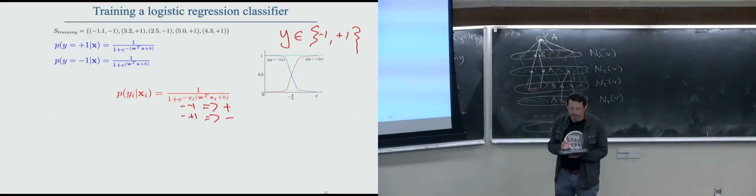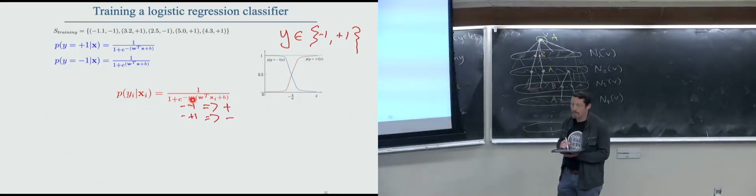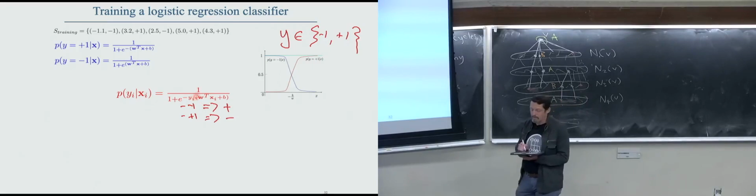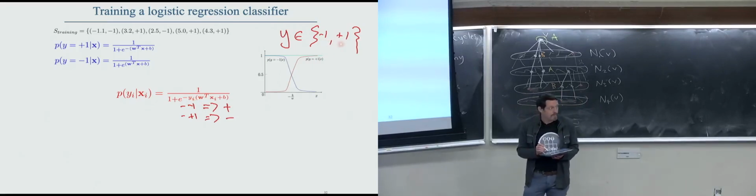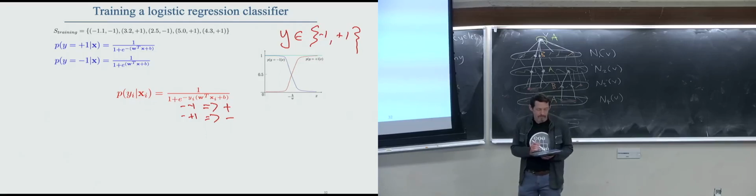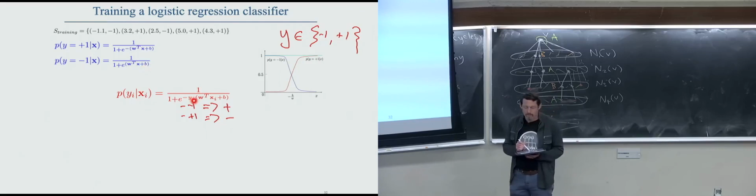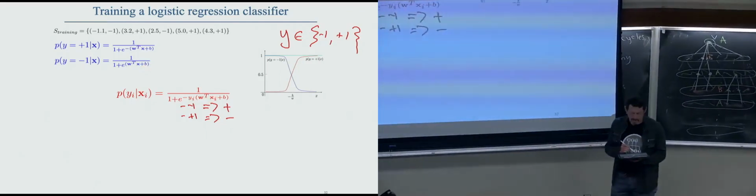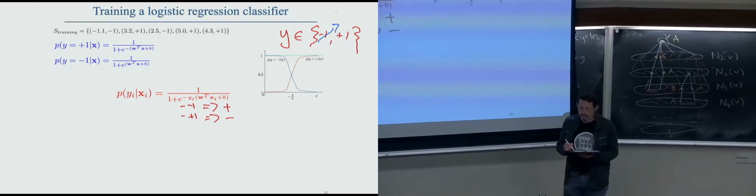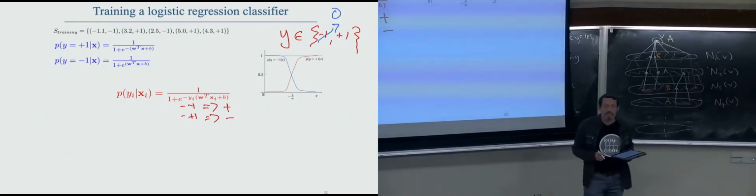Okay? So this minus the true value label, when my true value labels can only be -1 and +1, is just a mathematical trick to combine both of these equations into one equation. This does not work if, for instance, you label the negative class as a 0.